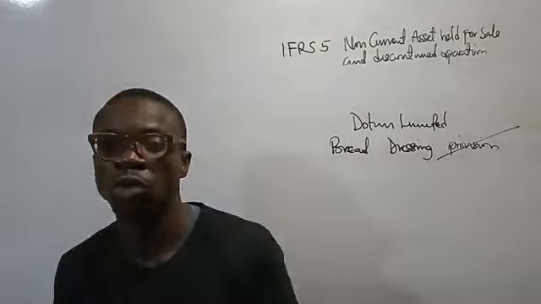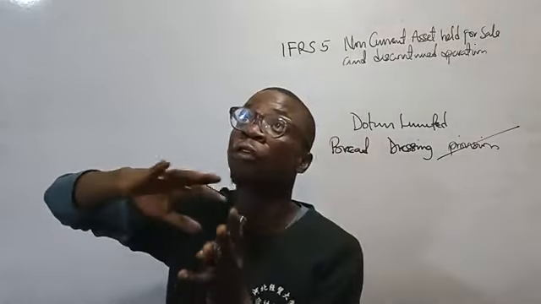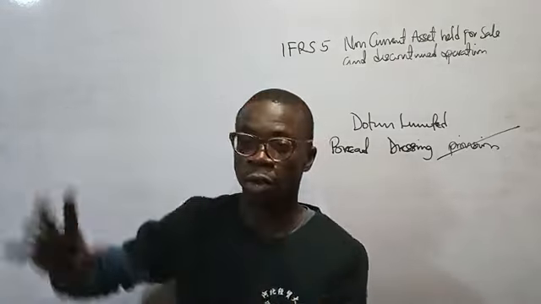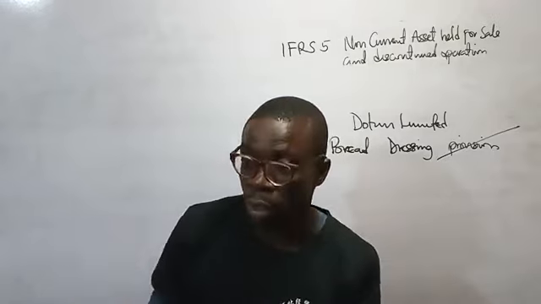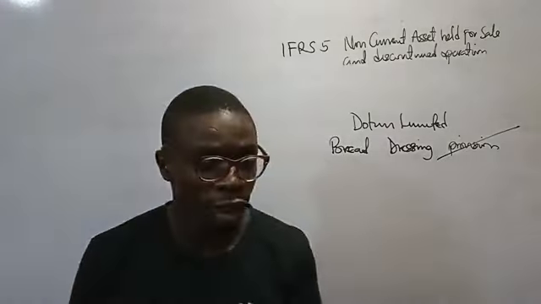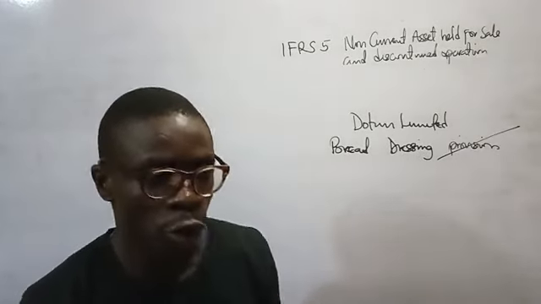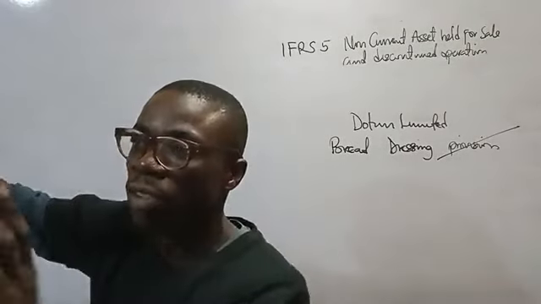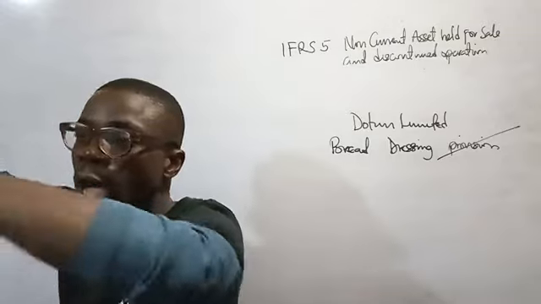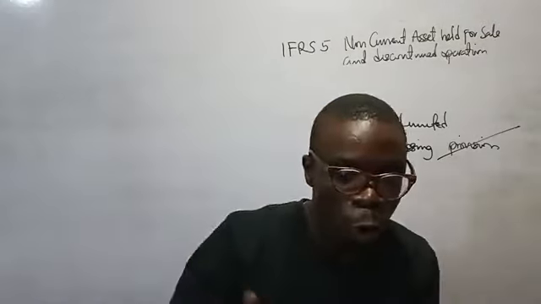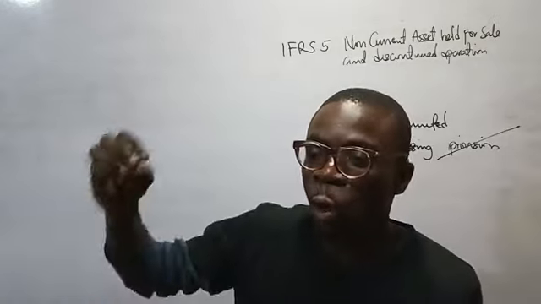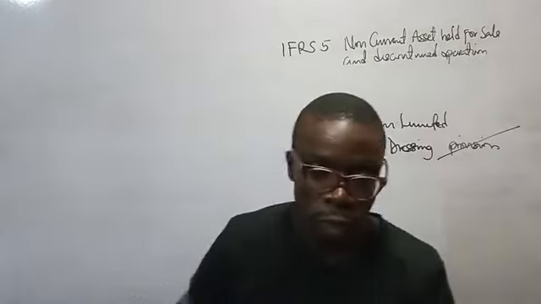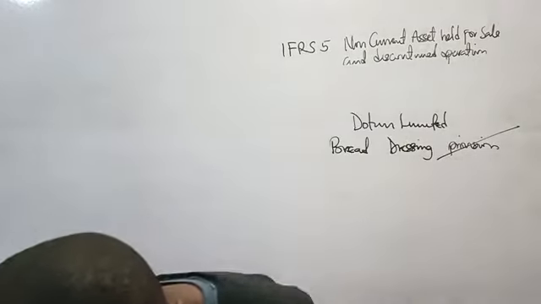If they decide to close the section for bread, that is called discontinued operation because they have closed it, meaning they want to sell it off or give it to someone else. They don't want to continue in it. That's what we call discontinued operation, whether it has been held for sale or has been disposed of. Are we together?